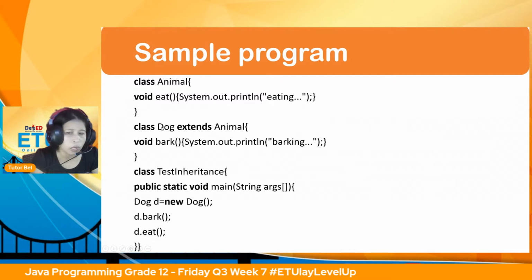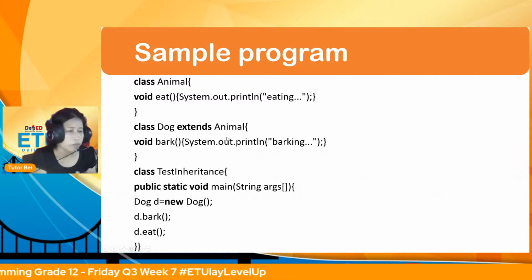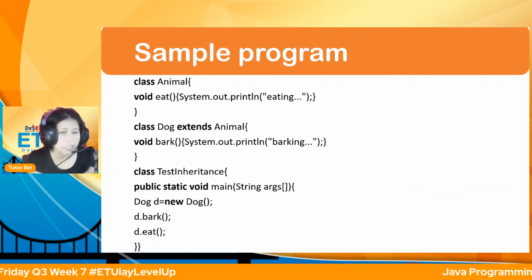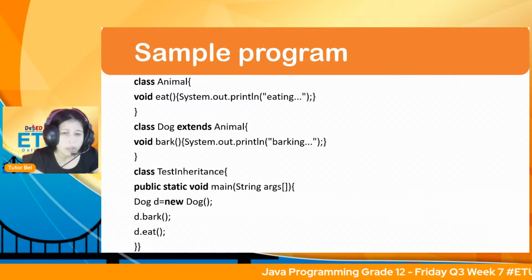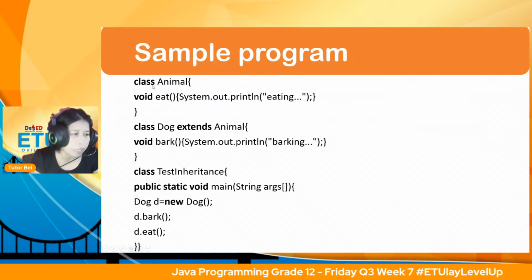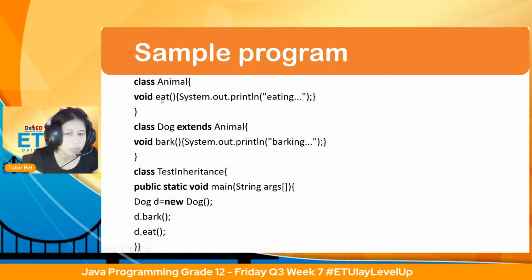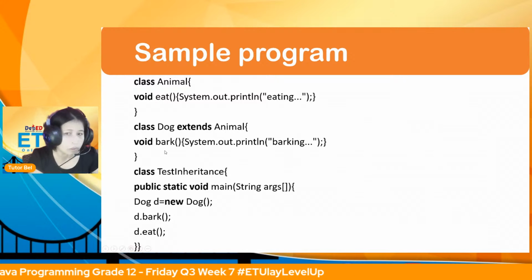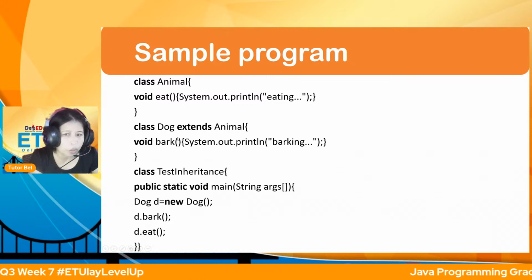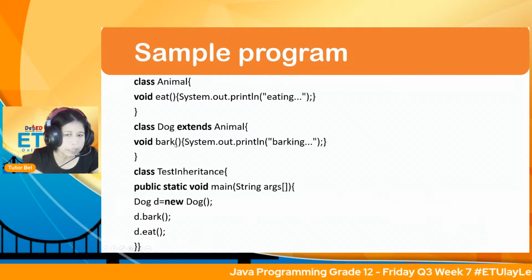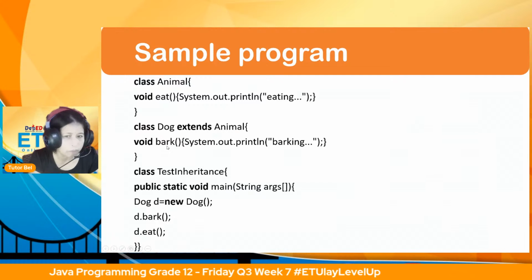So ang ginawa natin, sa Animal, nilagyan natin aside from eat na method, nilagyan natin siya ng bark sa Dog. Okay, so kaya dalawa na ngayon yung method ng Dog natin na class. Nag-extend siya, di po ba? So aside from it, meron na tayong bark.